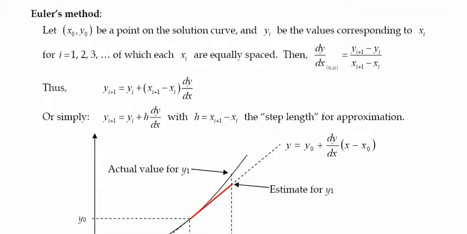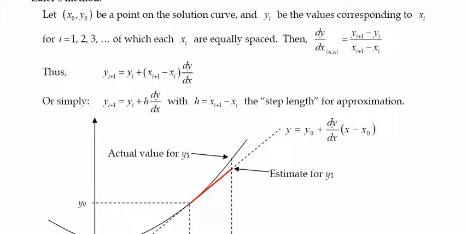So what we are going to do is to consider a graph that will give us something that involves a differential, a dy dx. In this case, we are going to assume that there is a point. So here is my point. This is the first point that we are going to consider.